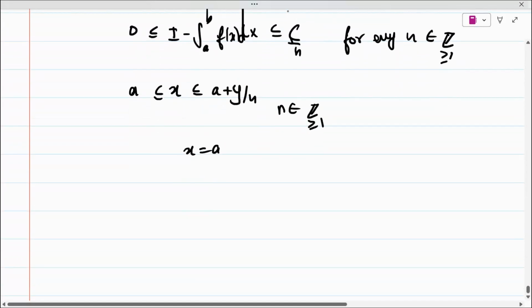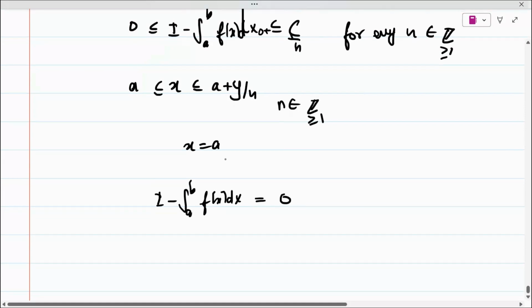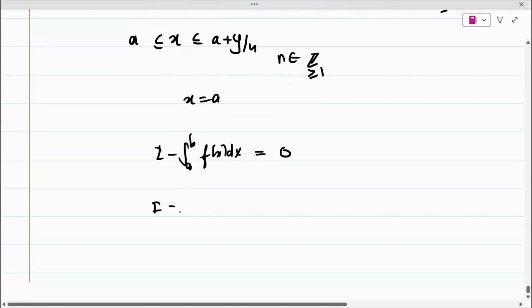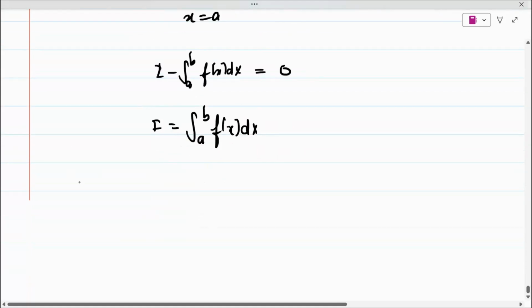So similarly here, I minus, so I go, and then we go to the similar theorem for decreasing functions.